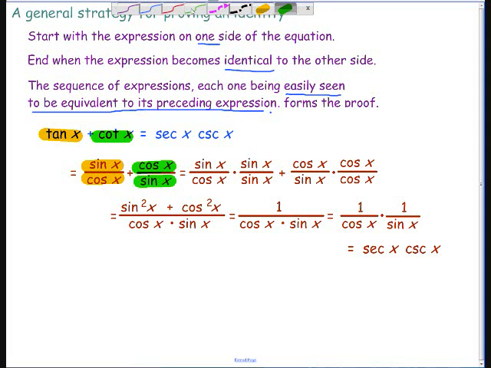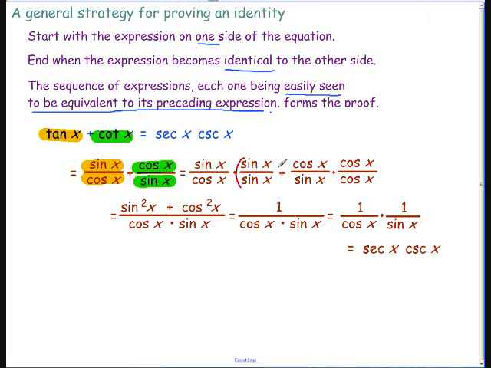We expressed tangent in terms of sine and cosine, and cotangent in terms of sine and cosine. Now, we've got 2 fractions. When we have 2 fractions, we want to find the least common denominator. In this case, it'll be cosine x times sine x.